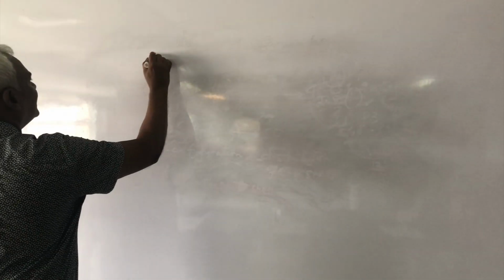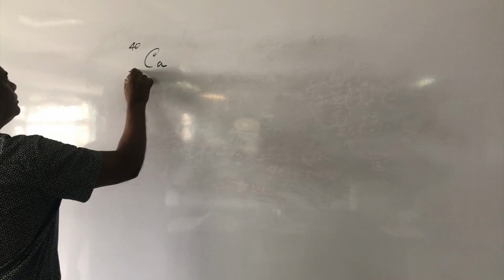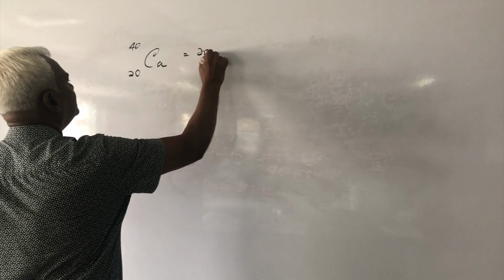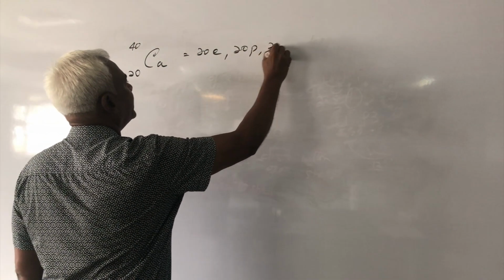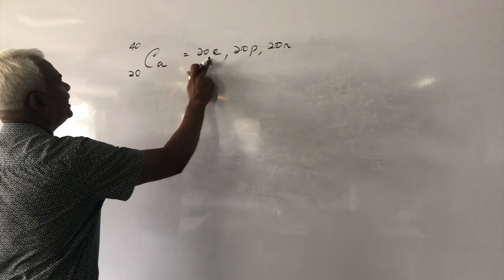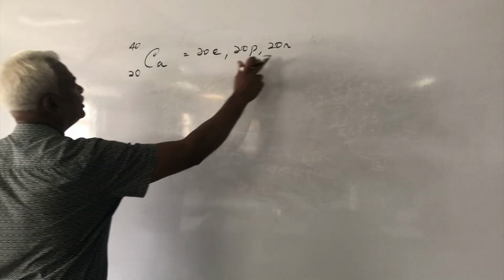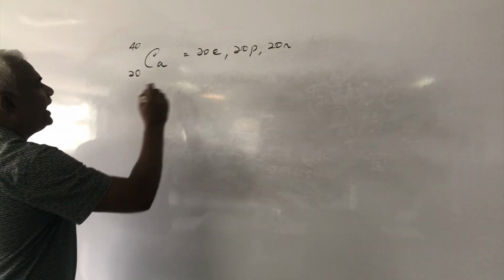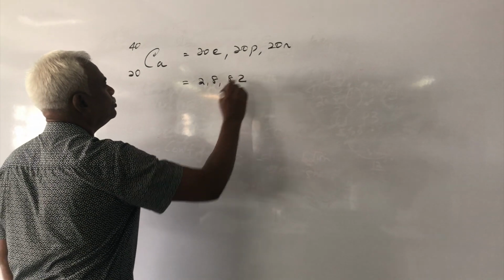Let's look at calcium. Calcium 40, 20. It means I have 20 electrons, 20 protons, and by subtraction, 20 neutrons. I'll have 2, 8, 8, 2.